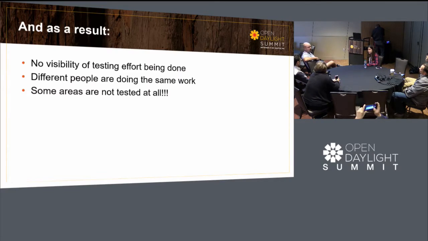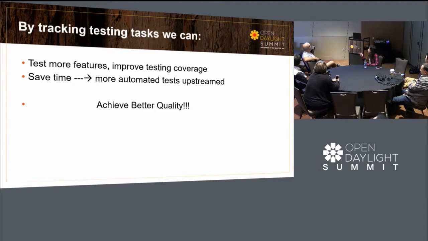Sure, people are doing all kinds of testing, but we have no idea what they're doing and if there's some area of the code that is not being tested at all. So if we can track testing tasks, we can improve our testing coverage, we can save time, then more automated tests will be written and upstreamed, and then we can achieve better quality.